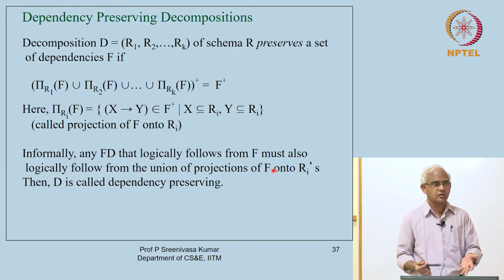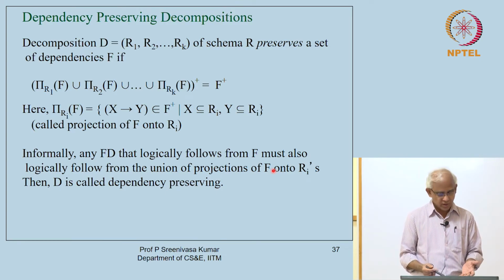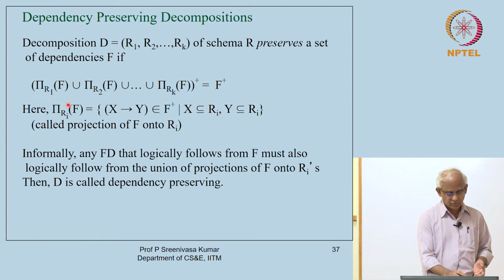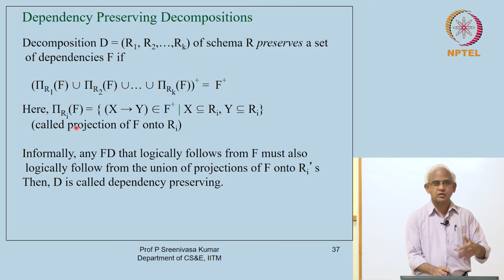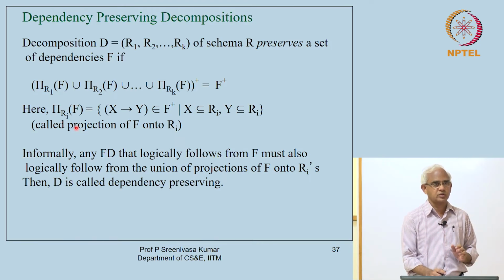So, if the decomposition satisfies this dependency preserving property, then what it can do is take the projection of F onto Ri, R1 and R2, and enforce them. It is equivalent to enforcing the original set of functions. Okay, so that is what we want.